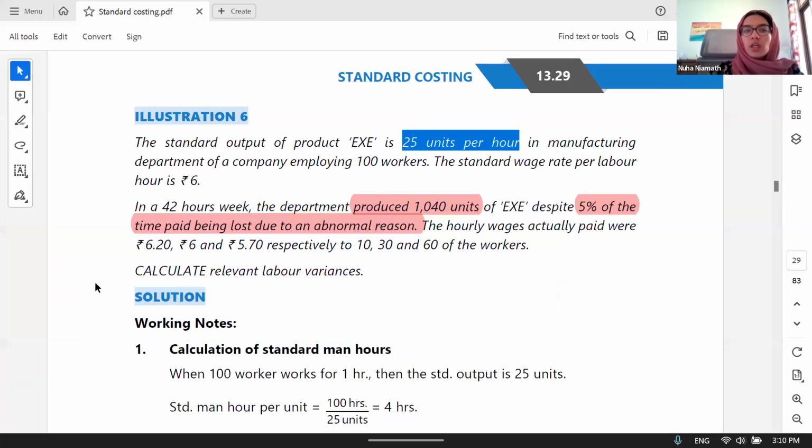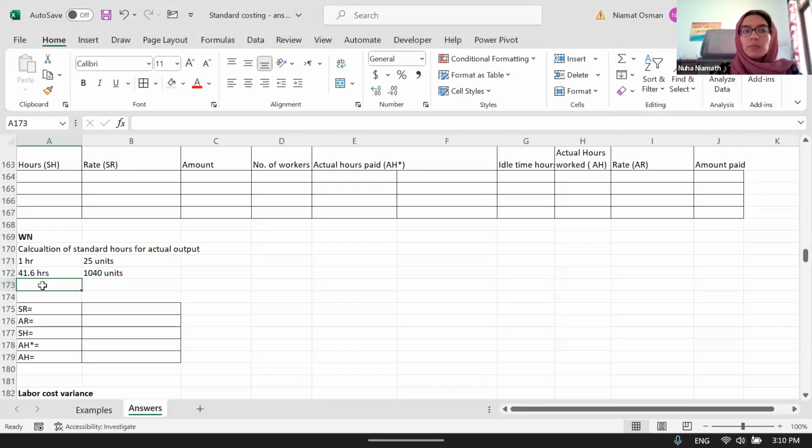But we have 100 workers. 25 units can be produced by one worker.